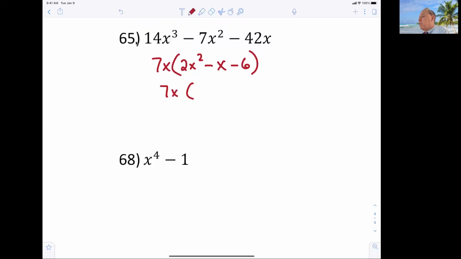Okay. All right, now how are we factoring 2x squared minus x minus 6? I don't think so. That would make me wrong. Because again, you're just looking.